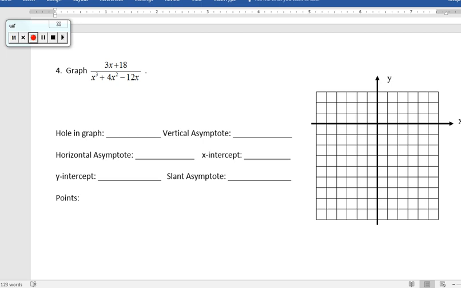So again, one of the first things we want to do is start to factor everything. So we could factor 3 out of the numerator. We could factor an x out of the denominator. But this piece here is still factorable. So we're going to continue to factor until we cannot factor anymore.